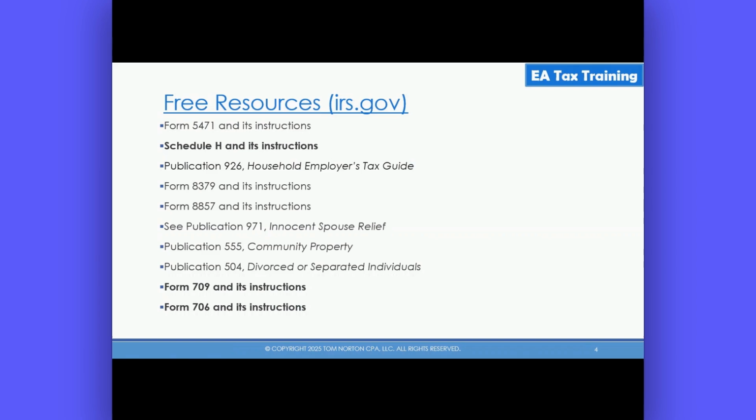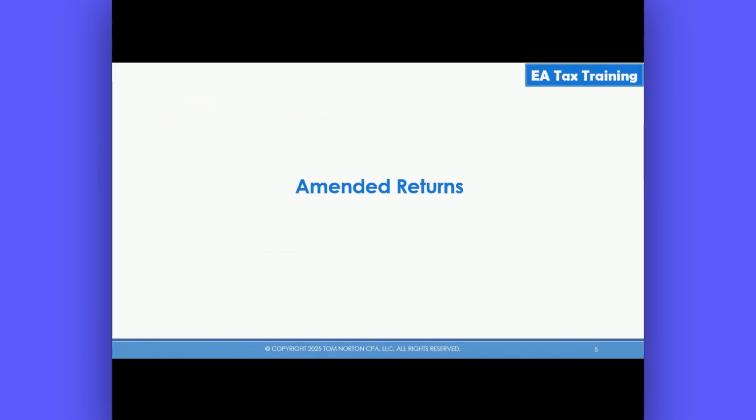We have another page of resources, so we've got Schedule H and its instructions, and then Forms 709 and 706 and their instructions. And of course, you have the rest of the forms and publications if you would like more information on those topics. So let's start with amended returns.